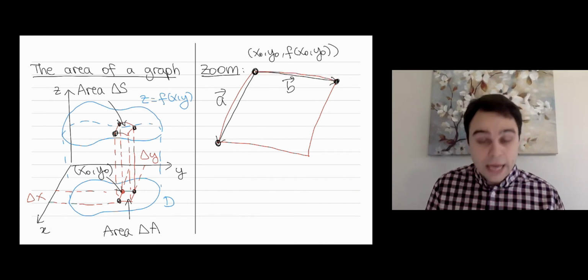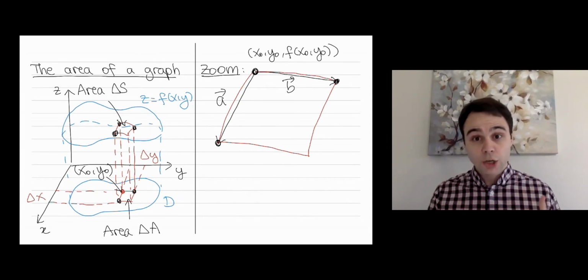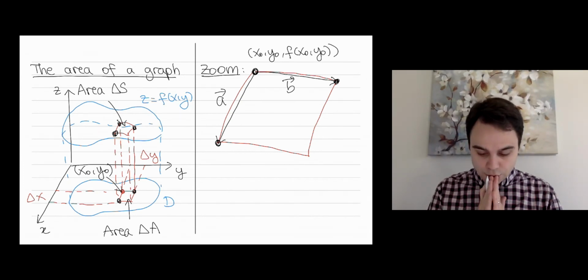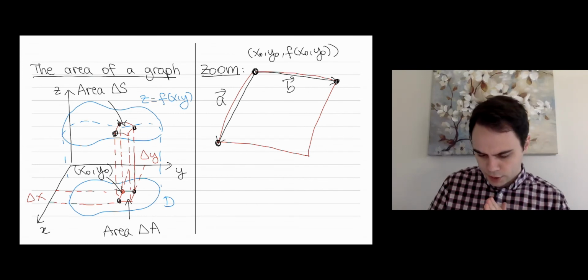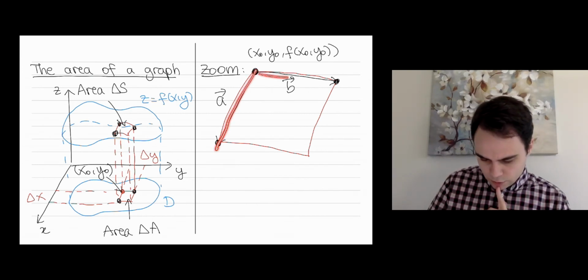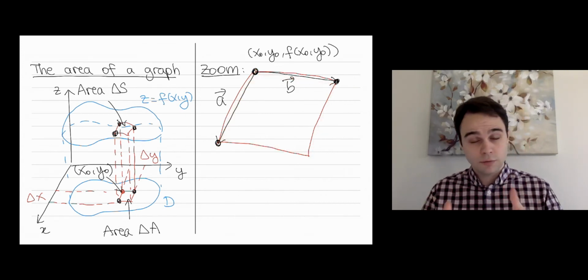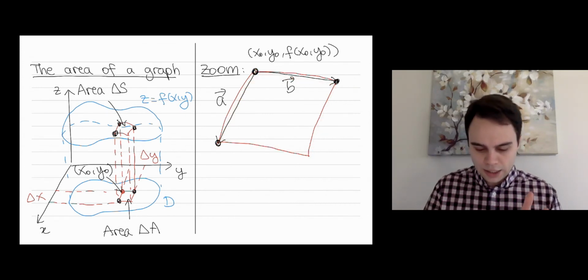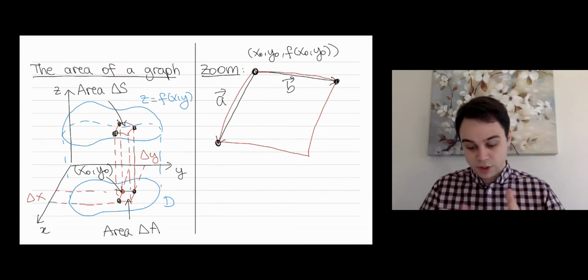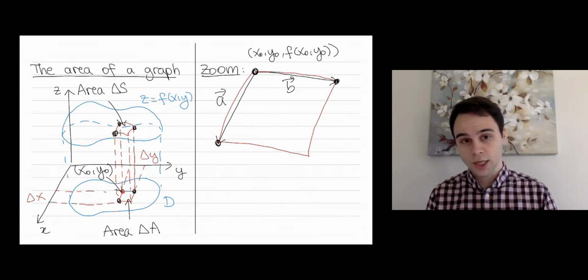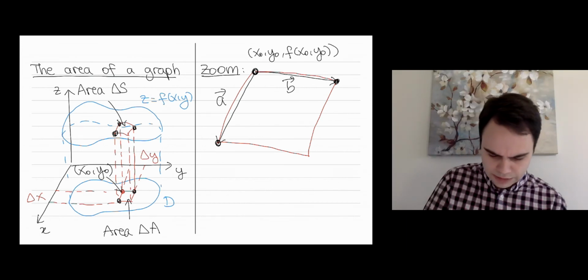Now, we'll look at A and B. We'll get very good approximations for the lengths of A and B. Then, using the cross product, this will give us a good approximation for the parallelogram spanned by A and B. That's very close to delta S, the area of this curved rectangle. This really good approximation is what we'll use to compute the area of the surface at the end.